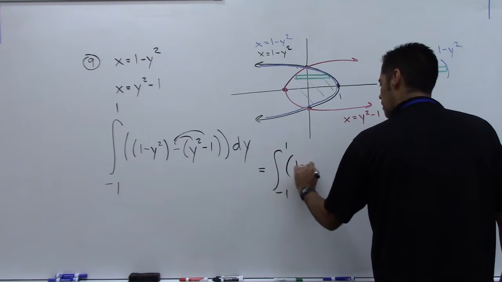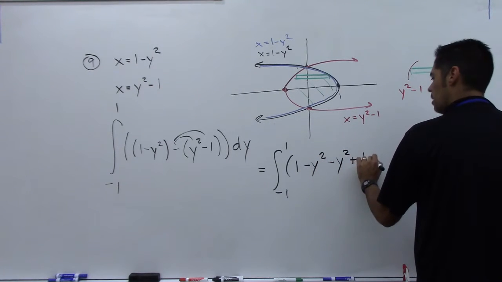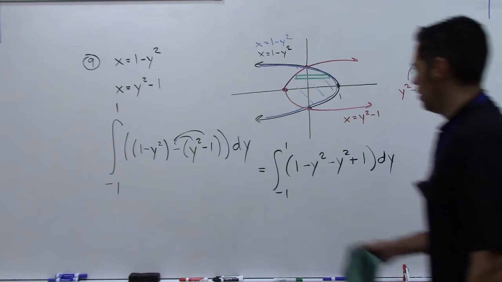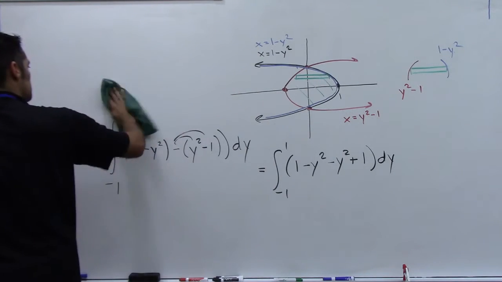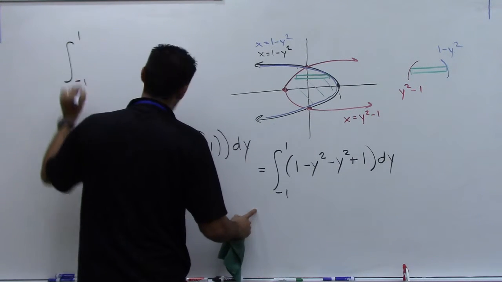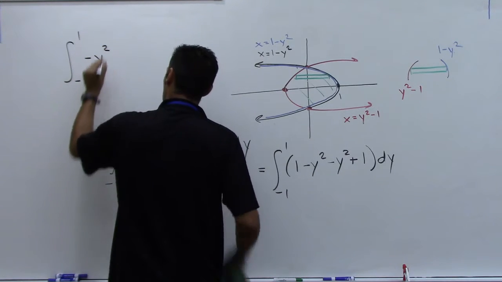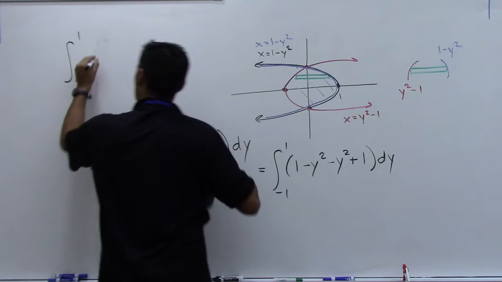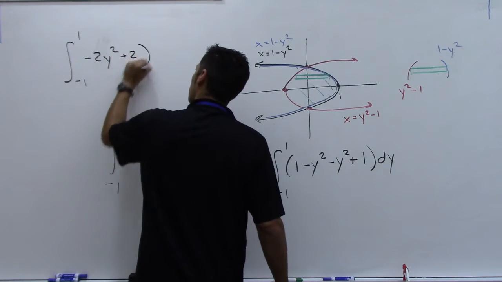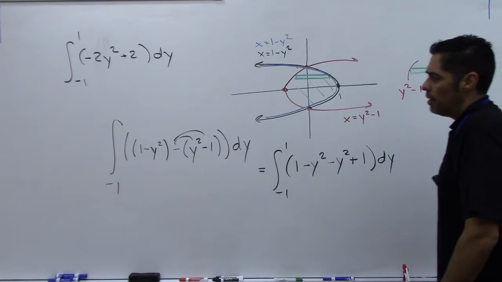So I get 1 minus y squared plus 1 dy, which gives me integral from -1 to 1. I've got negative y squared, so forgot the 2. -2y squared, and then I have 1 plus 1 is 2 dy. And that's it, ready to integrate that.